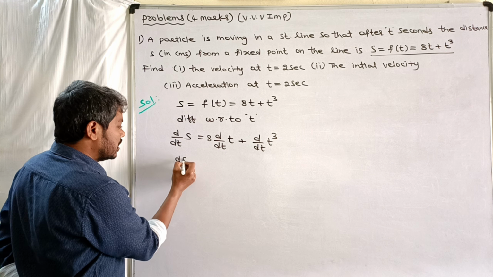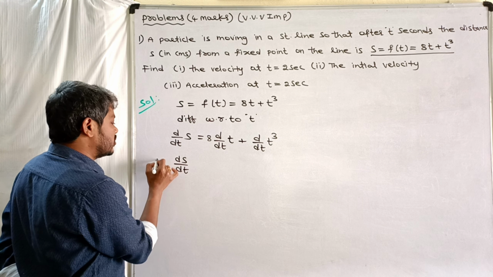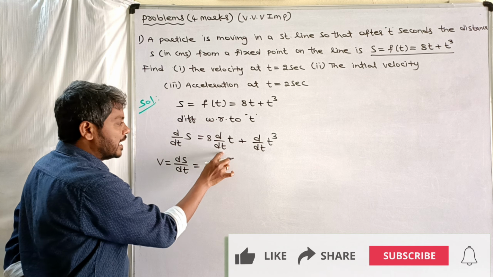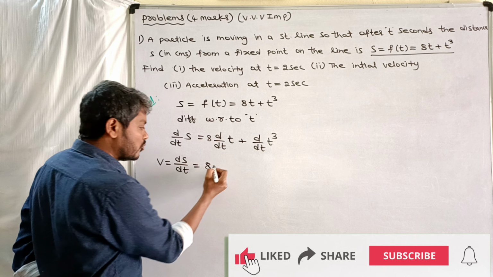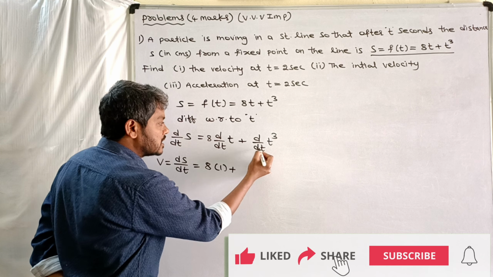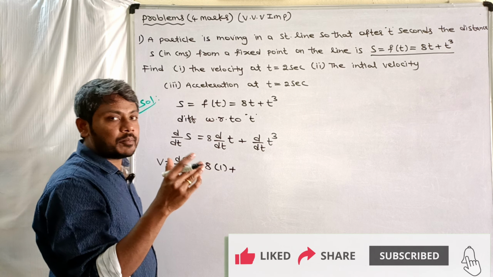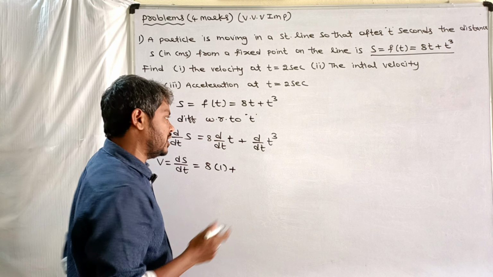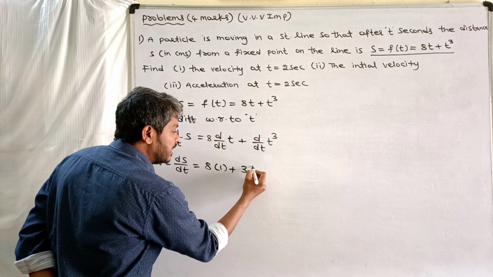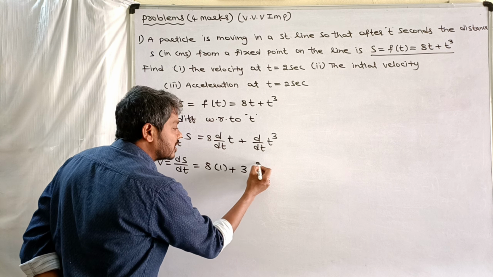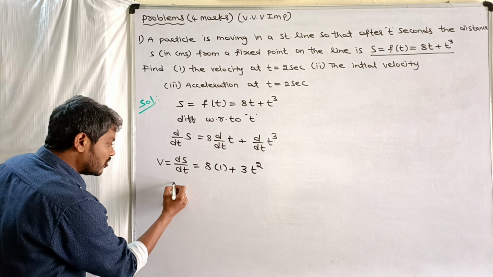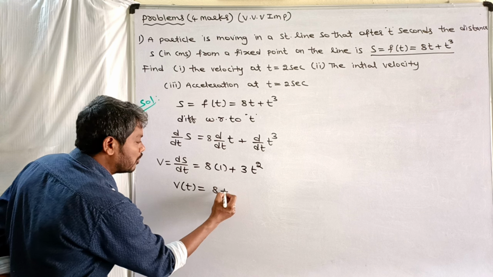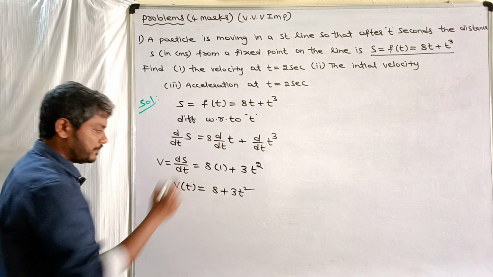So here ds by dt, which is called velocity, is 8 into d by dt of t, the derivative of t is 1, plus the derivative of t cube, which is of the form derivative of t power n. That formula is n into t power n minus 1, that is 3 into t power 3 minus 1, that is 2. Therefore the velocity function v of t is 8 plus 3t square.